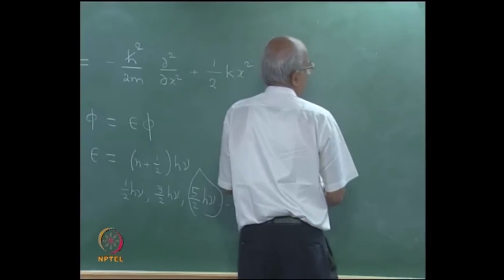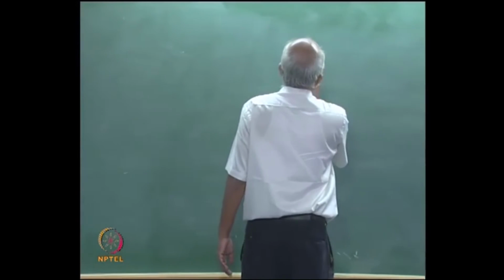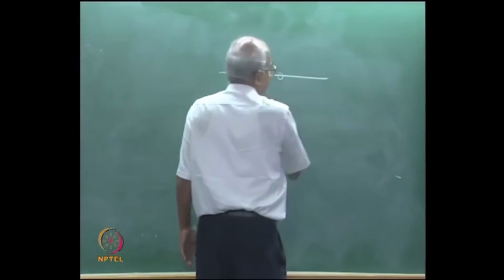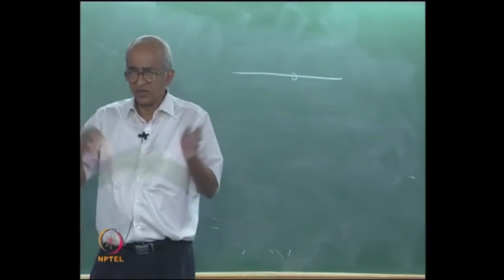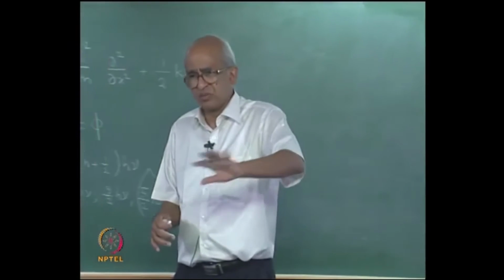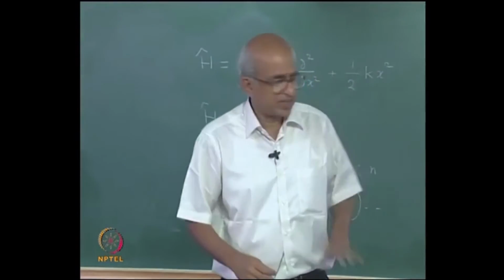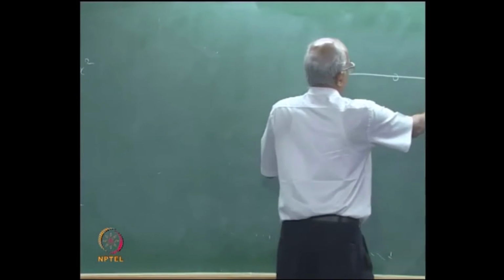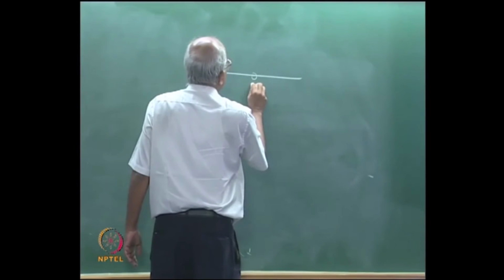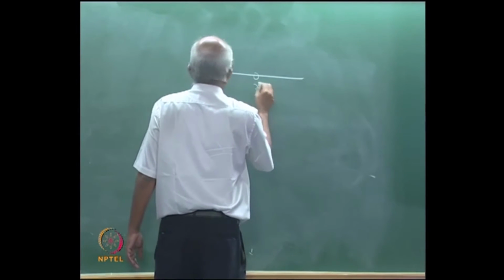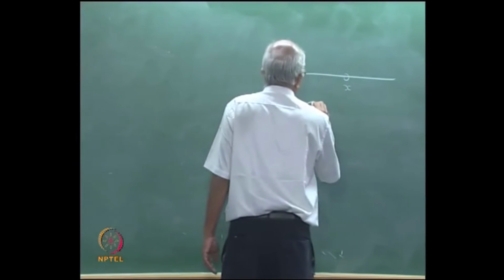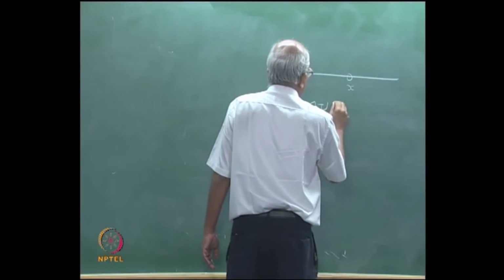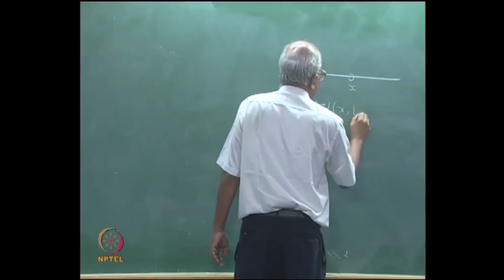As I always do, I illustrate whatever equations we have in the simplest possible case, which is a one dimensional system. You have a one dimensional particle moving along a direction, and its position is specified by x. So, naturally the state function psi will be a function of x and the time t.